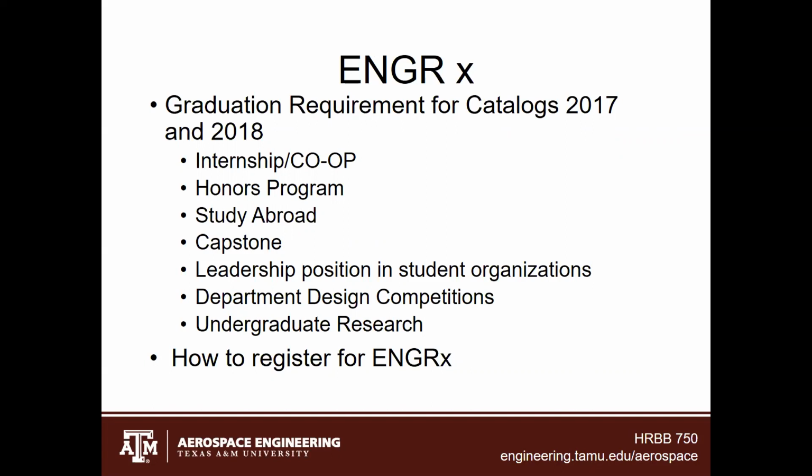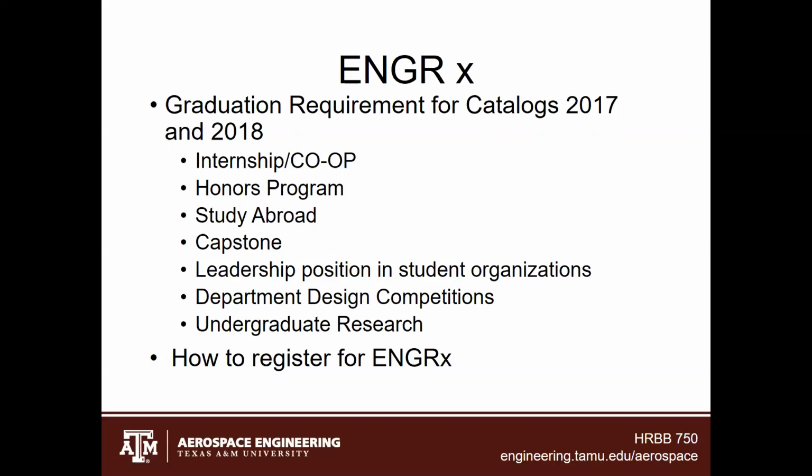Okay, so we're coming up with a system so that you can register for Engineering X, because in the degree evaluation, it's designated as an Arrow 299, okay? So next semester, we will have a system in place. You will register for 299, and then there is some paperwork, i.e. it won't actually be paperwork.